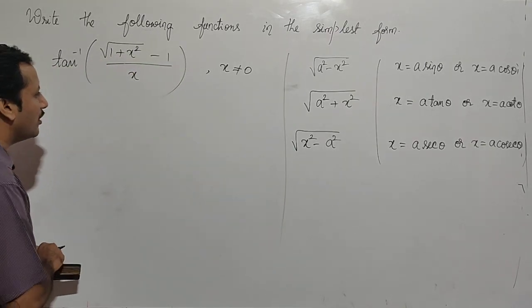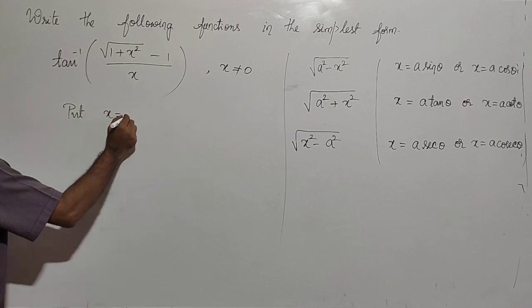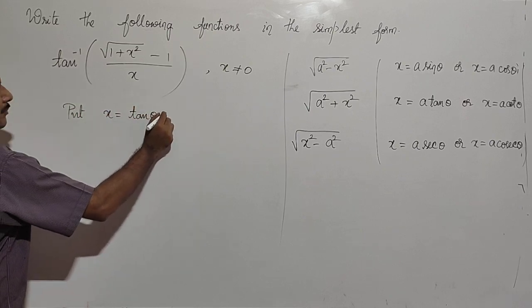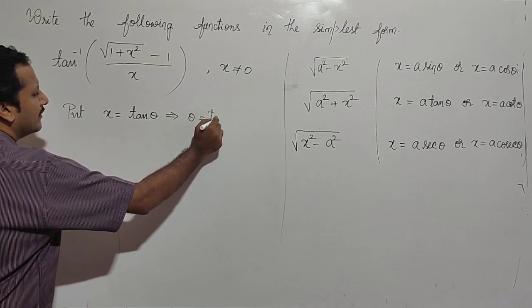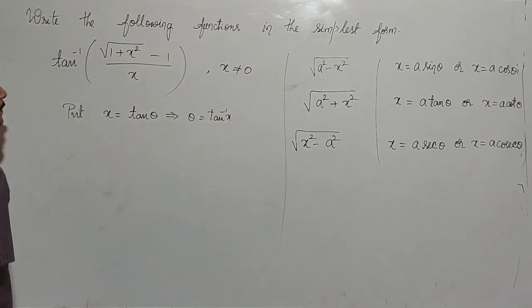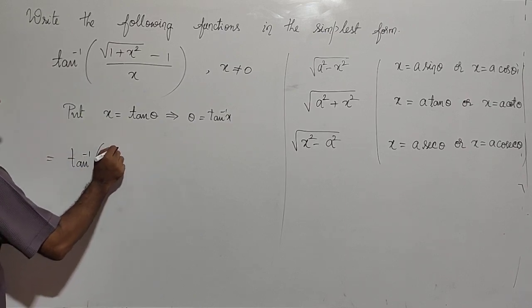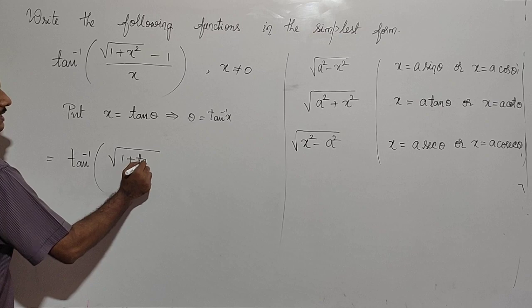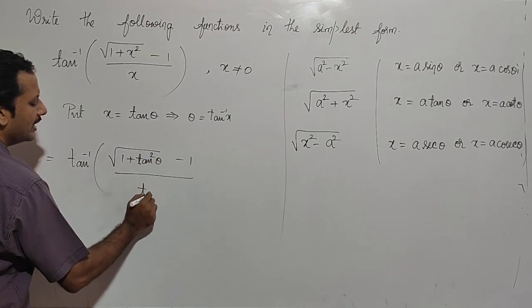That is the substitution we have to make here. So put x equal to tan theta. That will imply that theta is equal to tan inverse x. Okay. So that expression will be tan inverse of root of 1 plus tan square theta minus 1 divided by tan theta.